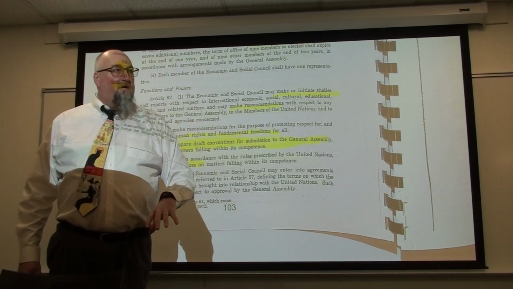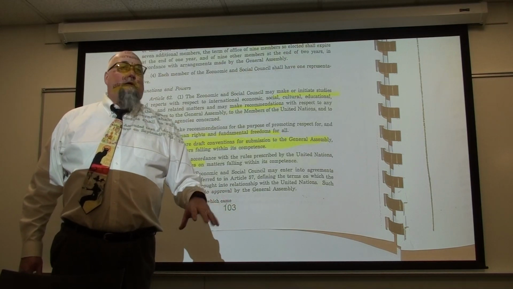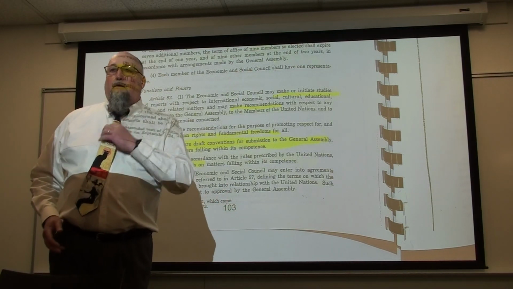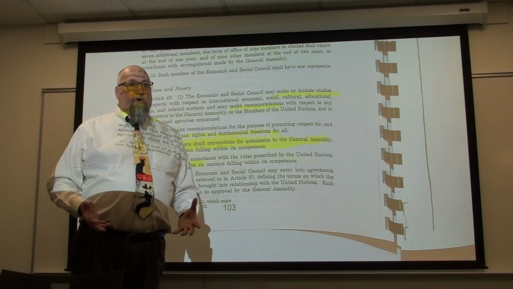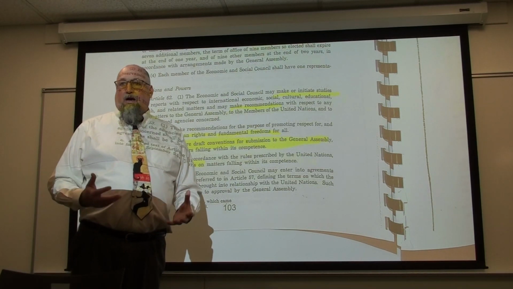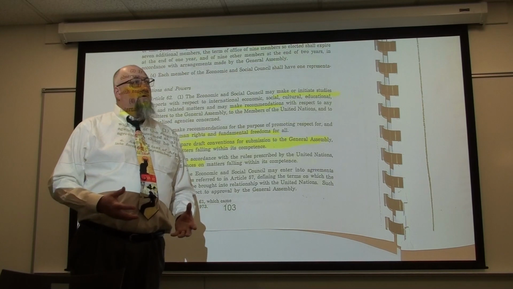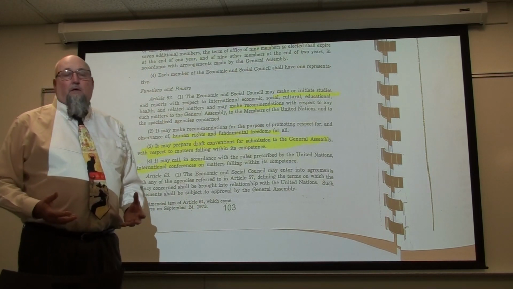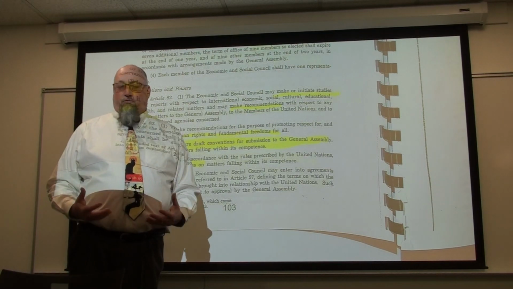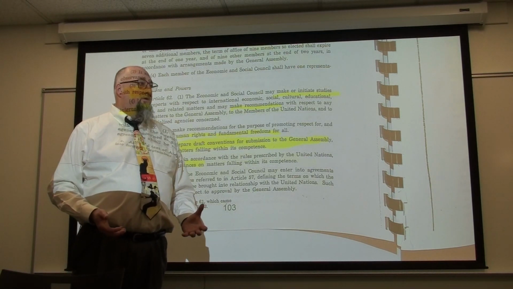We see that same phrase with ECOSOC. And again, ECOSOC does not have legislative-like authority, nor administrative rule or regulatory-like authority, but they do have the ability to initiate and formulate international law in other ways.